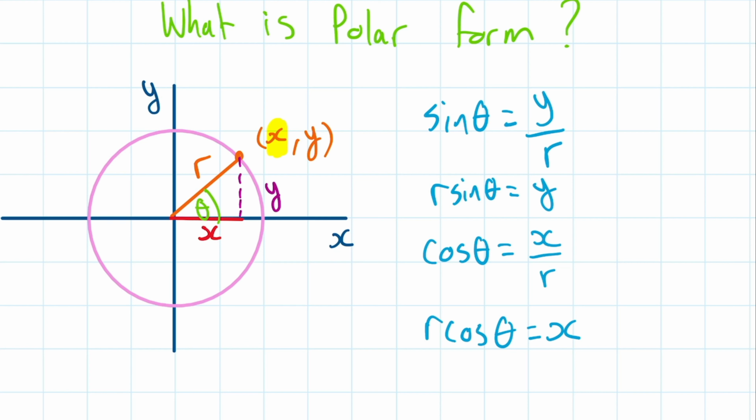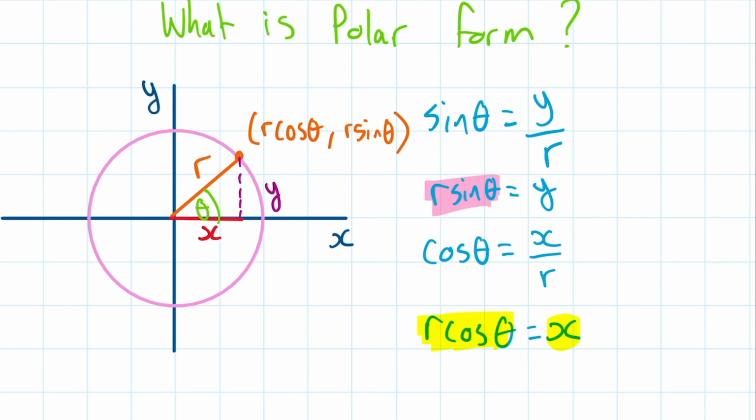Coming back to my little orange coordinate points, x is actually equal to r cos theta, and y is equal to r sine theta, so I can rewrite this coordinate point, instead of x and y, as r cos theta, comma r sine theta. Okay. So I now have a new expression for these coordinate points.